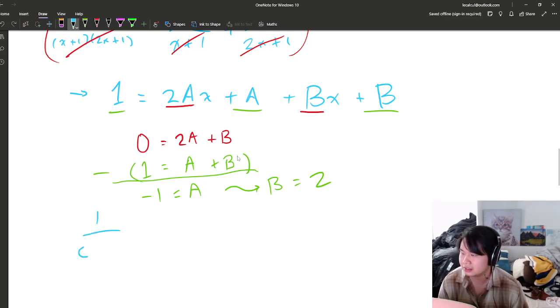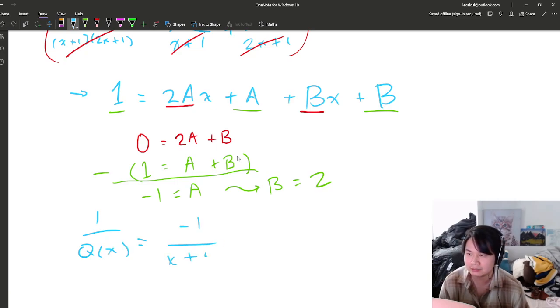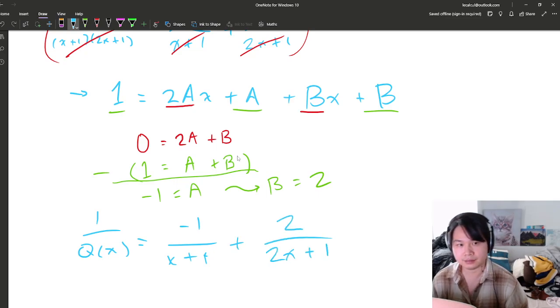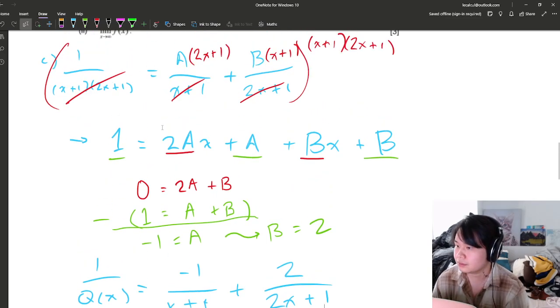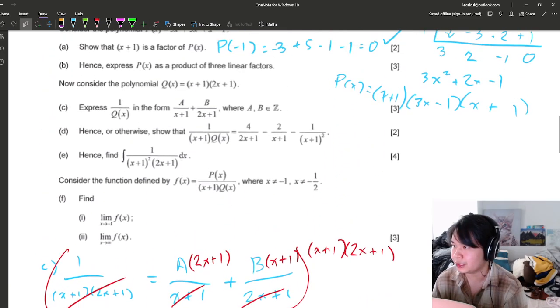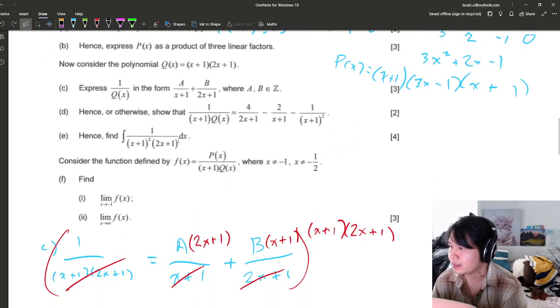So 1 over q of x is going to be -1 over x plus 1 plus 2 over 2x plus 1. Okay, some straightforward partial fractions.